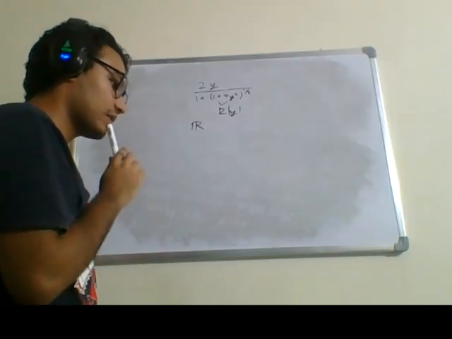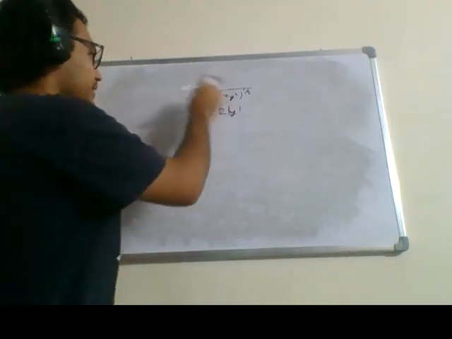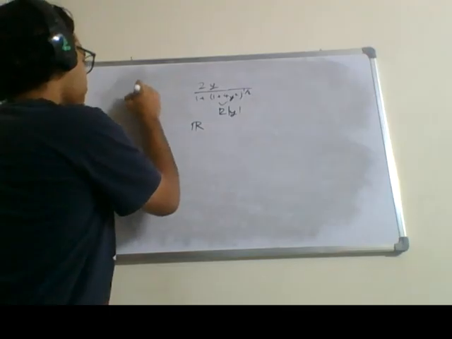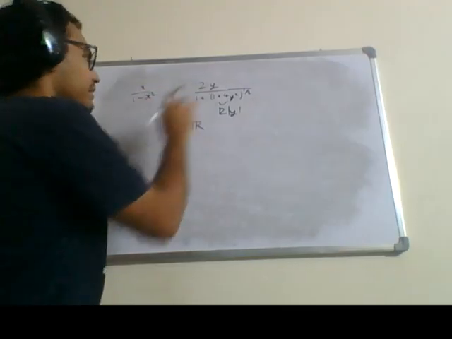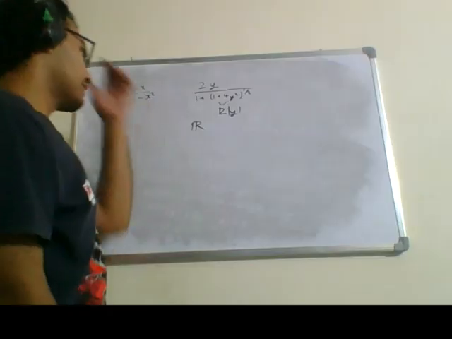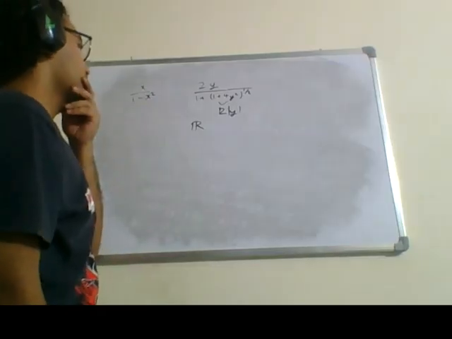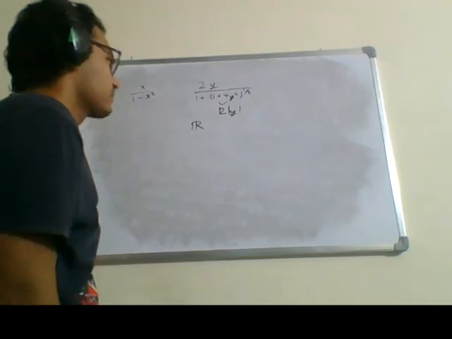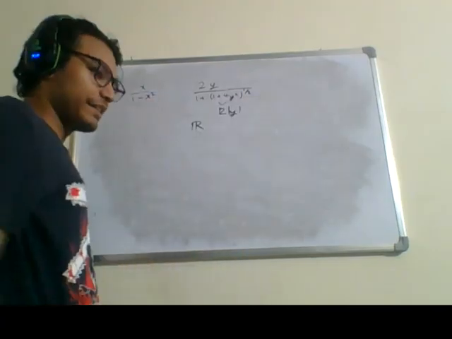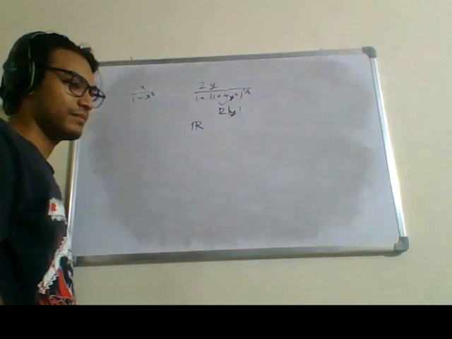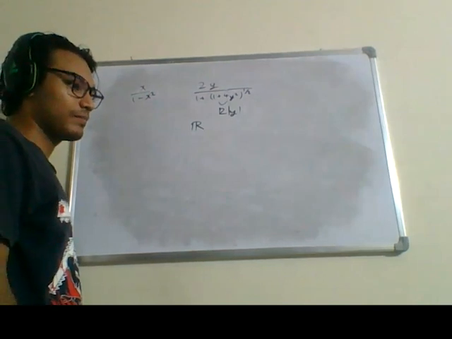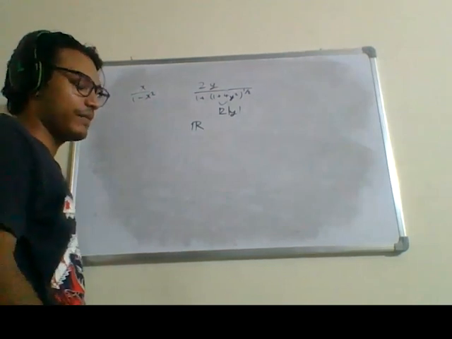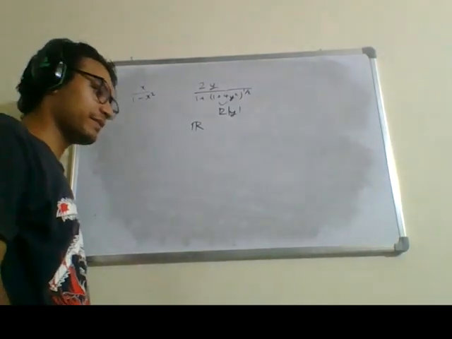So that's a check. Now we have to show that this composed with the function x upon 1 minus x squared is the identity function. So to show that, we can just put it in here, I guess. That's one way. Or we can try algebraically finding the inverse function.